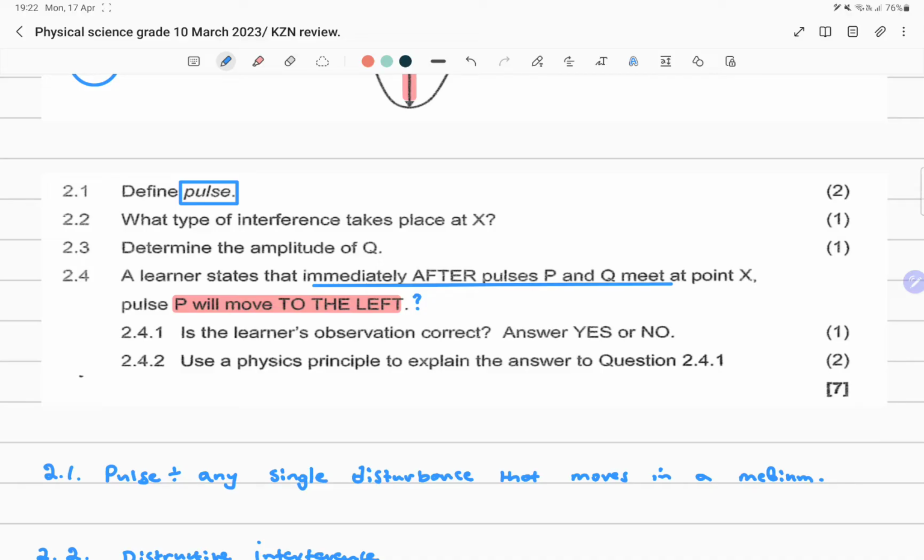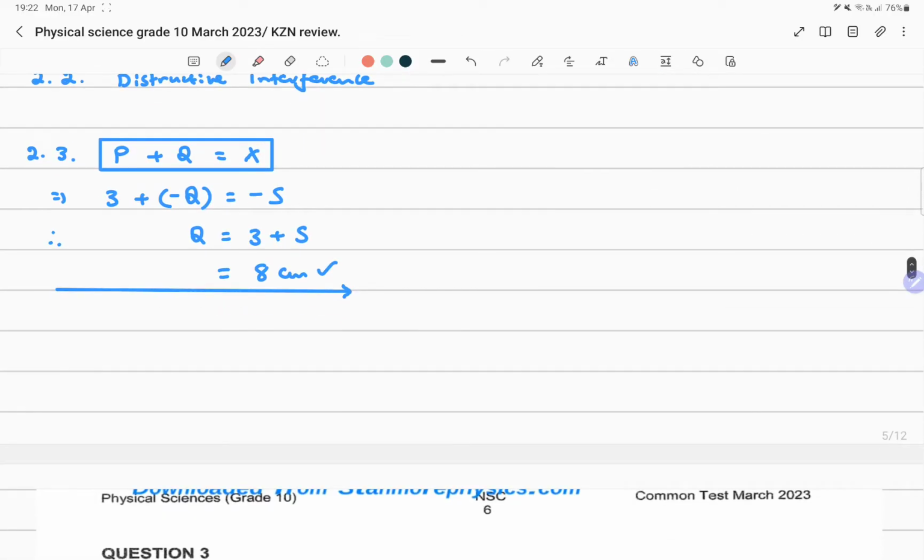Remember, these are traveling in different directions. So at that point, they were just simply interfering with each other's paths. So they will just continue in their directions of motion. So that is not true. So what it says now, is the learner's observation correct? The answer is a definite no. So it is not correct.